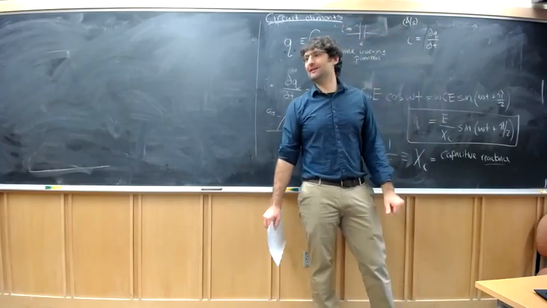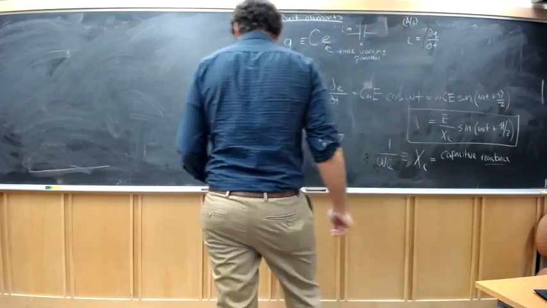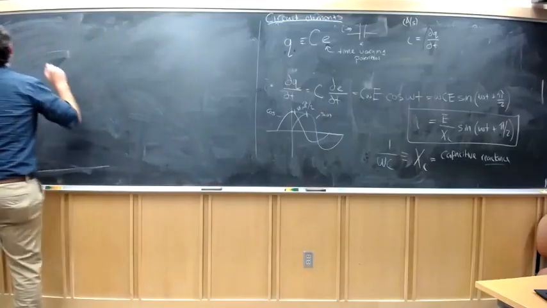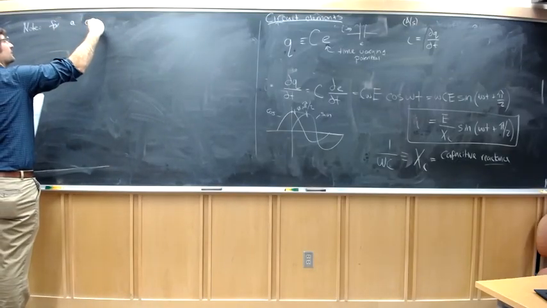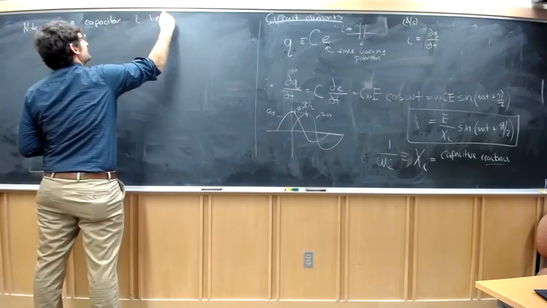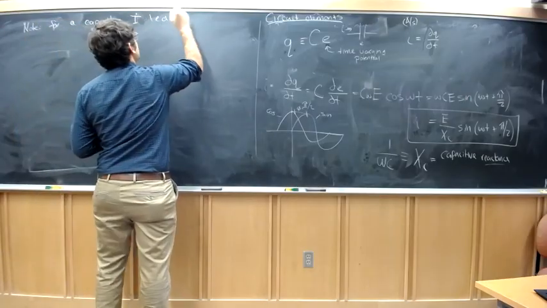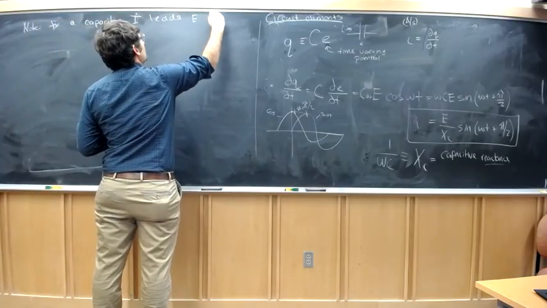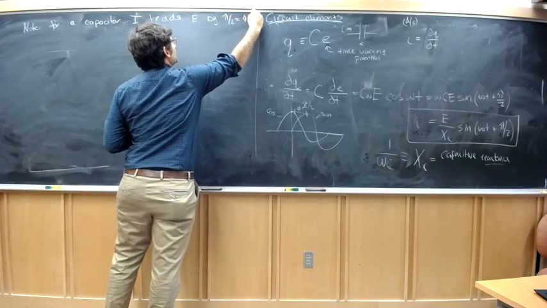It's actually equivalent, right? But this is how we'll represent it here. Okay, so we note for a capacitor, I leads E by pi over 2, equals 90 degrees.